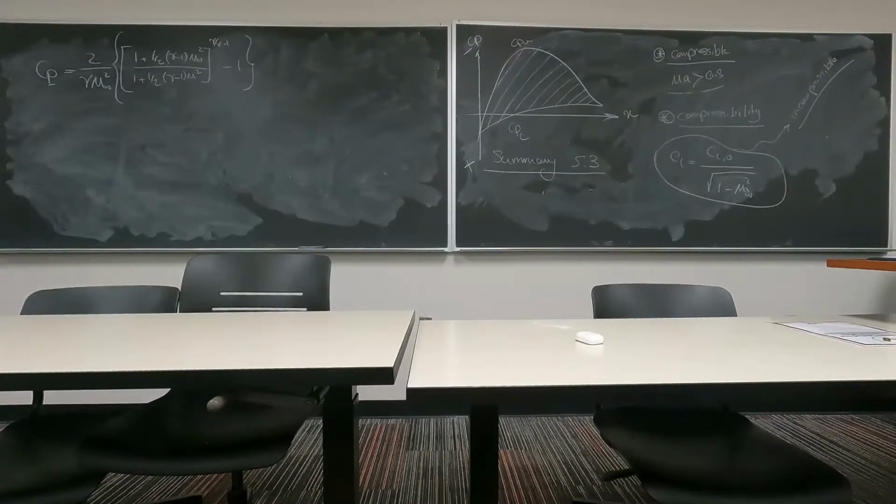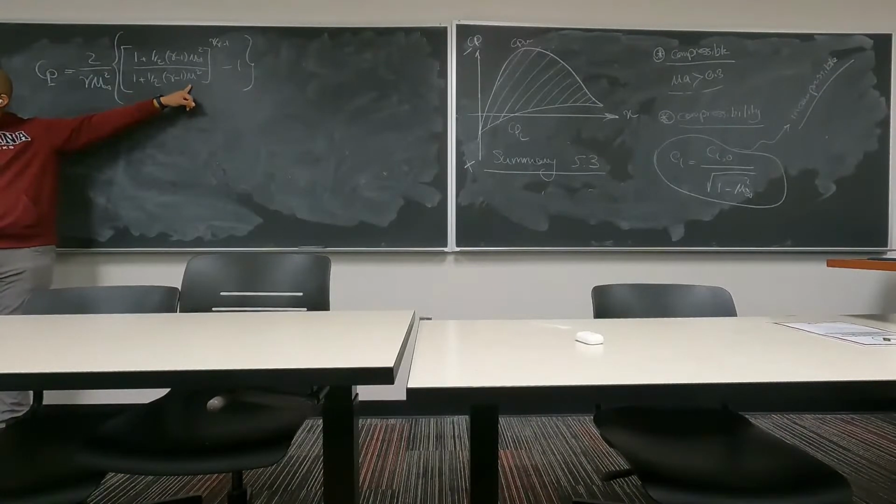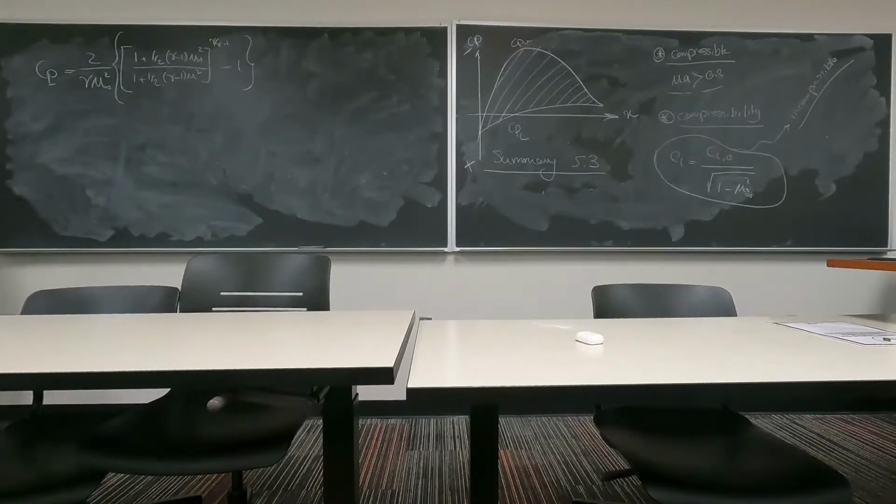So there is nothing special in the derivation of this equation. But using this equation, you should be able to find the pressure coefficient at each location, as long as you know the Mach number at that specific location. So how can we find the critical pressure coefficient, based on this? That's it, exactly.